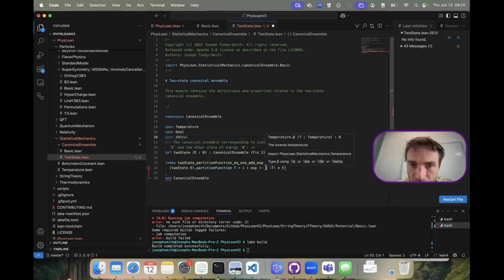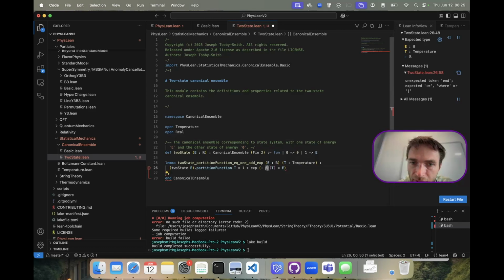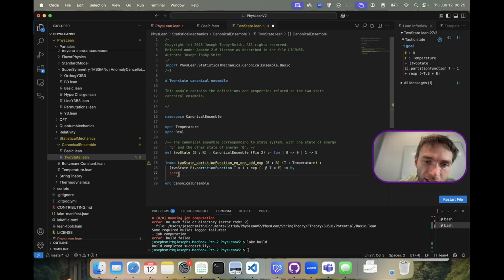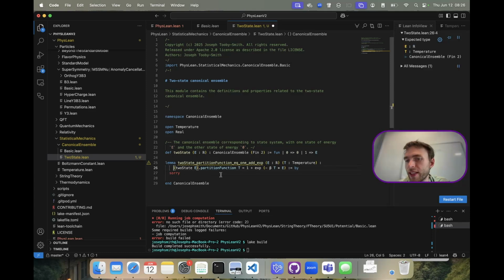And this beta is the inverse temperature. So it takes a function of temperature, and it gives you the inverse temperature. And this is done with respect to the Boltzmann constant. And then we don't want to finish the thing. We just want to put by sorry to stop there being any errors for now.